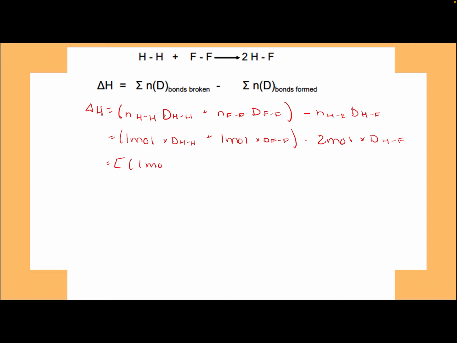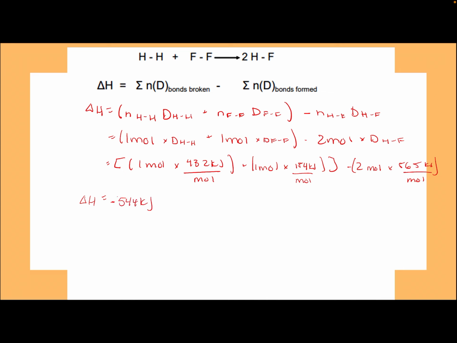Now combining all this information, we have 1 mole times 432 kilojoules per mole, plus 1 mole times 154 kilojoules per mole, and then minus 2 moles times 565 kilojoules per mole. So now, if we put this onto a calculator, we will get an answer of negative 544 kilojoules.